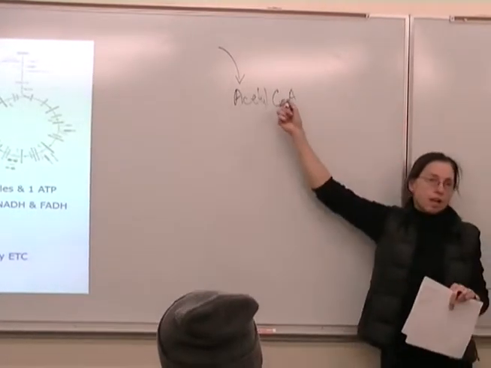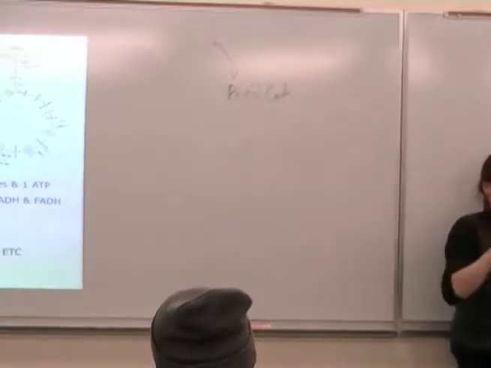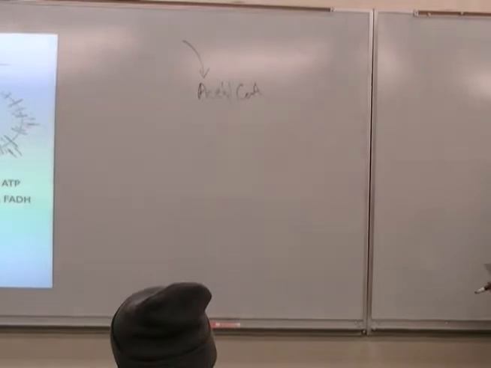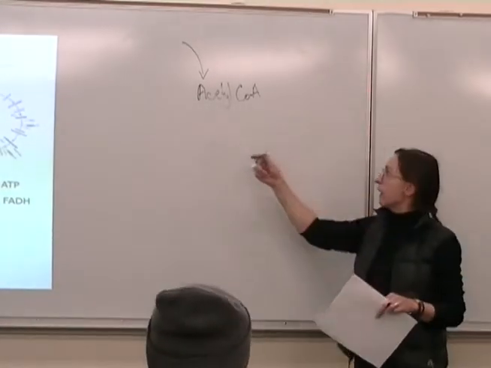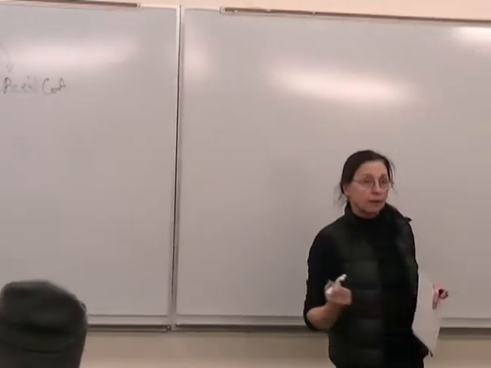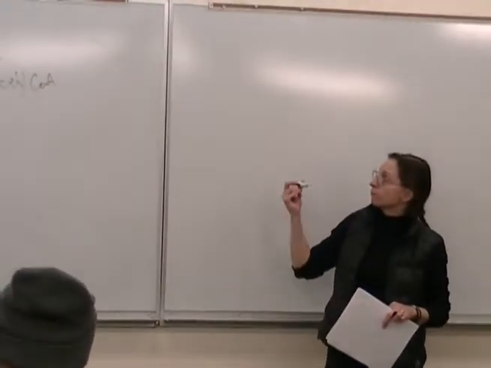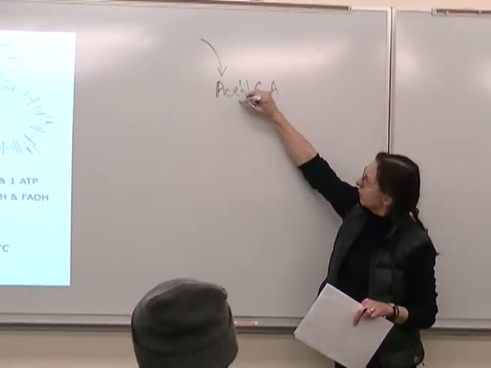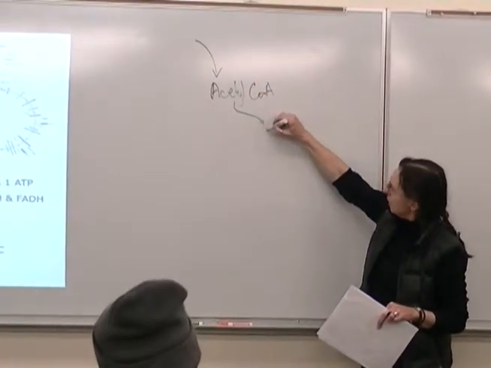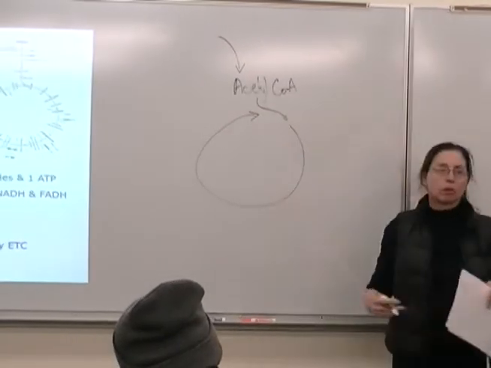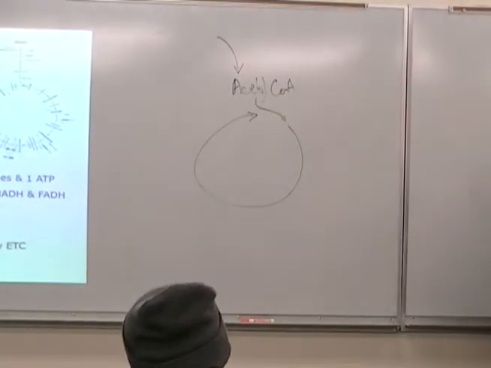And it's acetyl-CoA that feeds into Krebs cycle. We'll come back to why that's important in a minute. Acetyl-CoA is a 2-carbon molecule. And acetyl-CoA is going to feed in to this breakdown of the substrate called Krebs cycle.